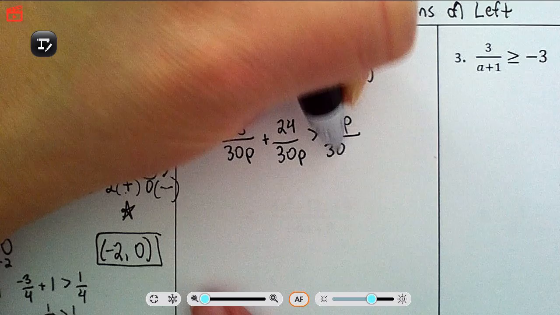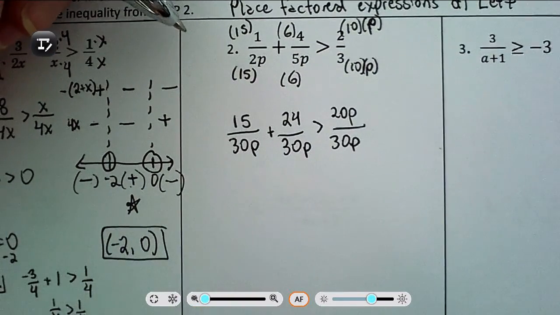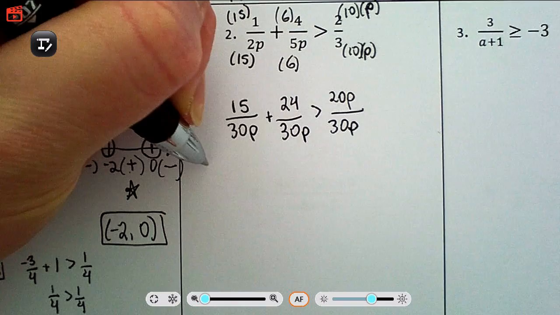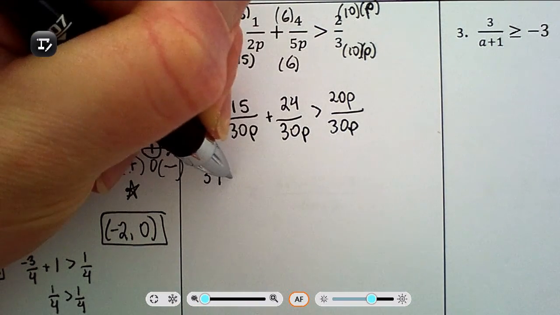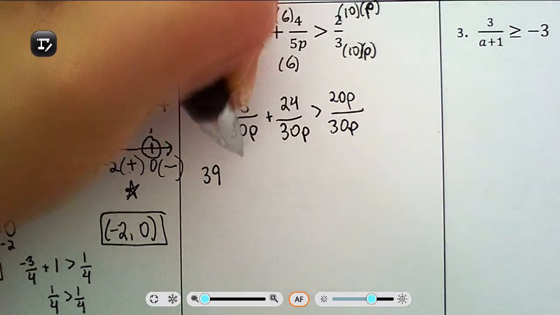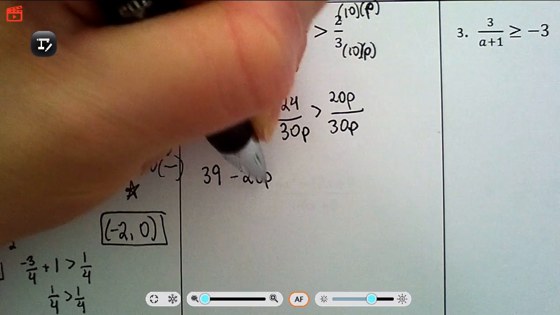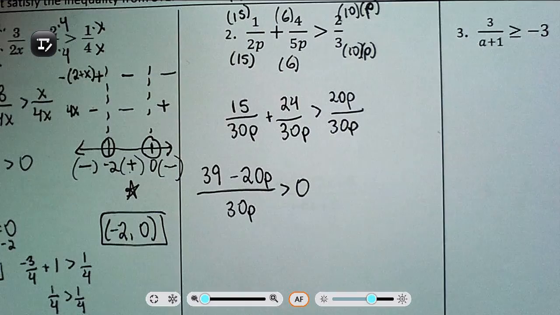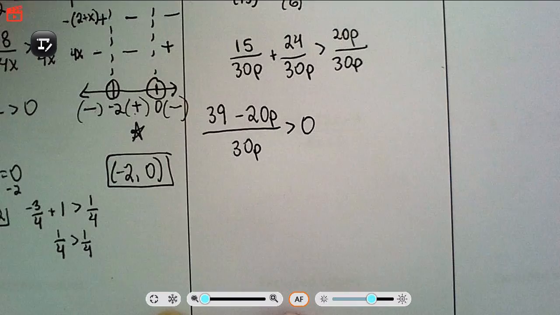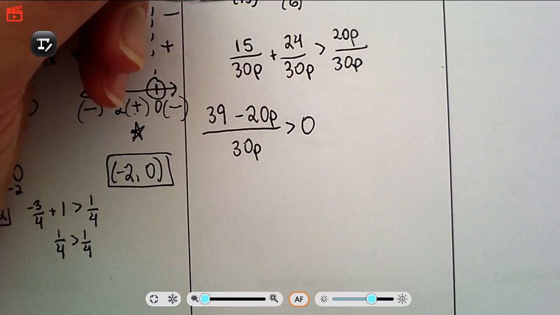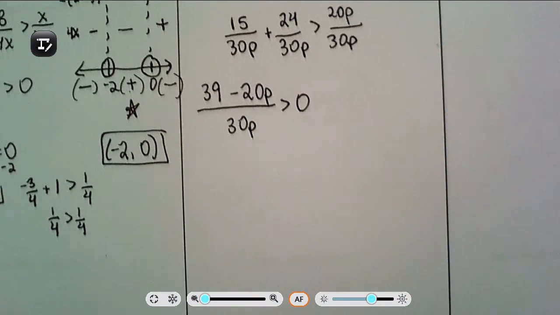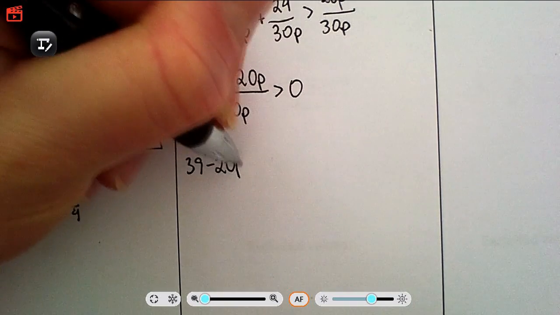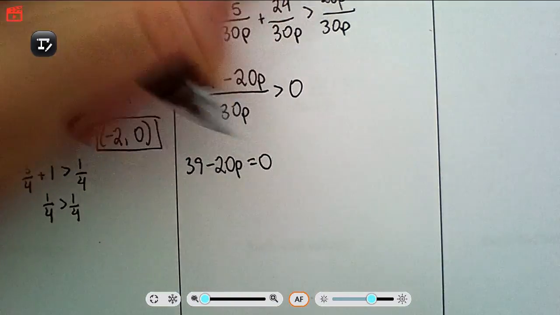20p over 30p. Get all the terms to the left and combine like terms. 15 and 24 is 39, so 39, and then subtract the 20p over, all over 30p is greater than 0. Next thing we want to do is take the numerator and the denominator and separate them, factor them, solve them. So I'm going to take 39 minus 20p equals 0 and solve it.